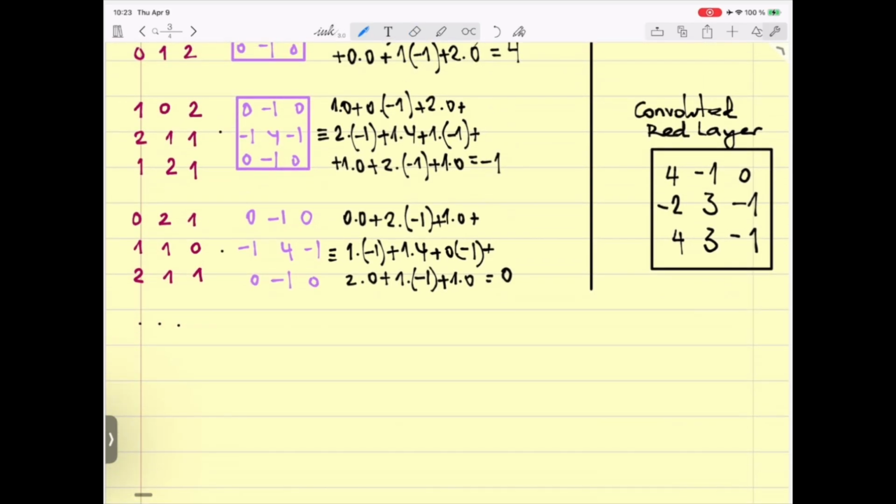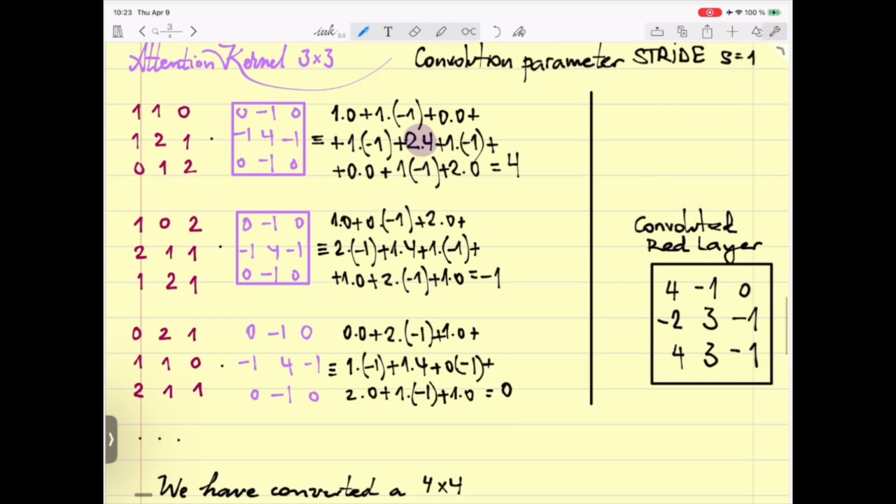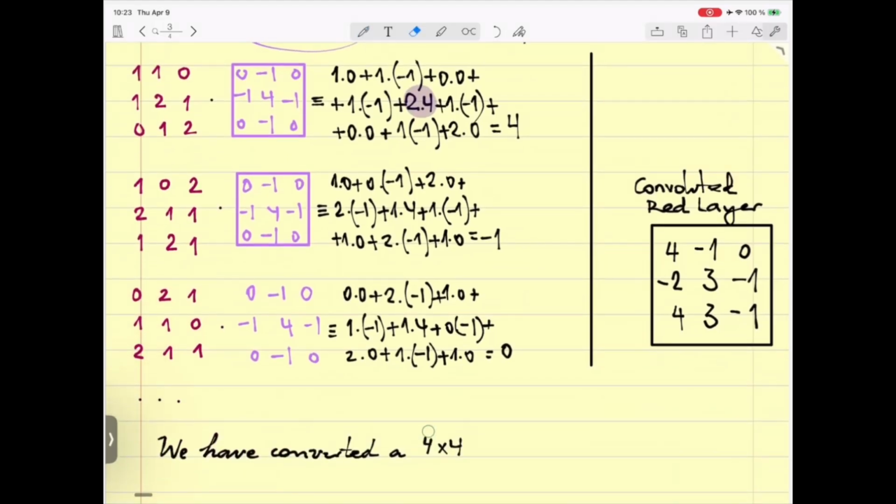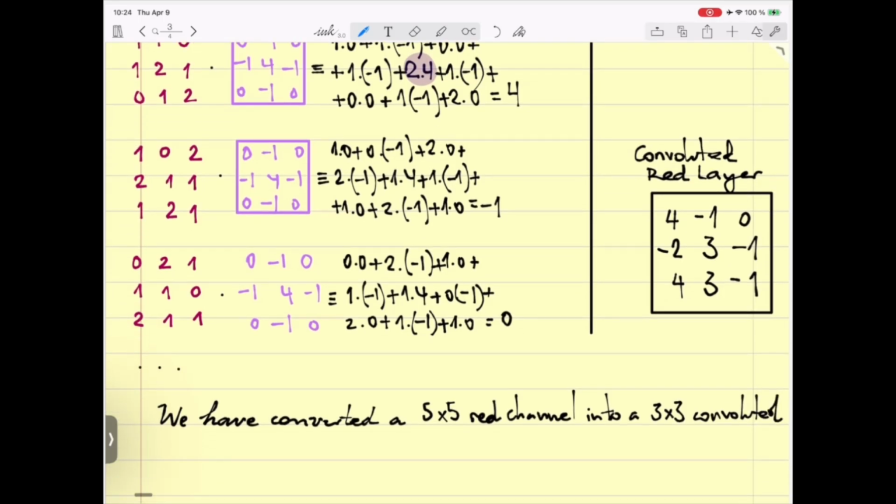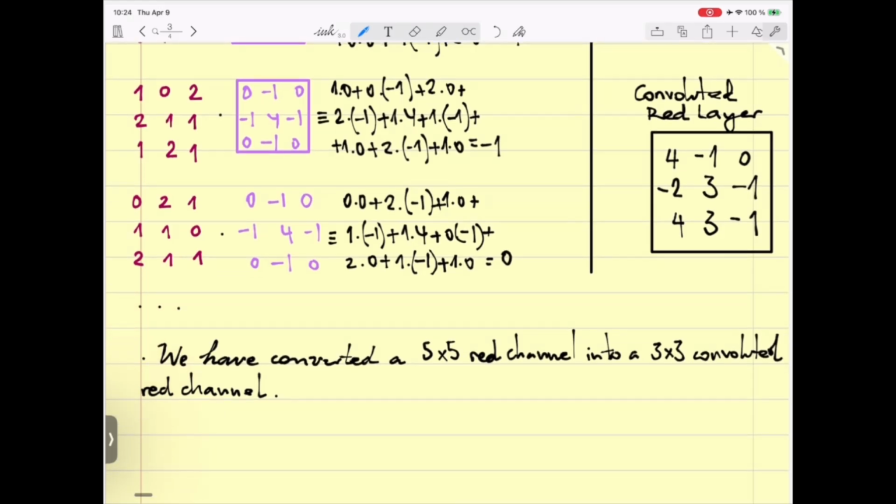What would be if? So we have converted a 5 by 5 red channel into a 3 by 3 convoluted red channel, with a 3 by 3 kernel and stride equal 1.